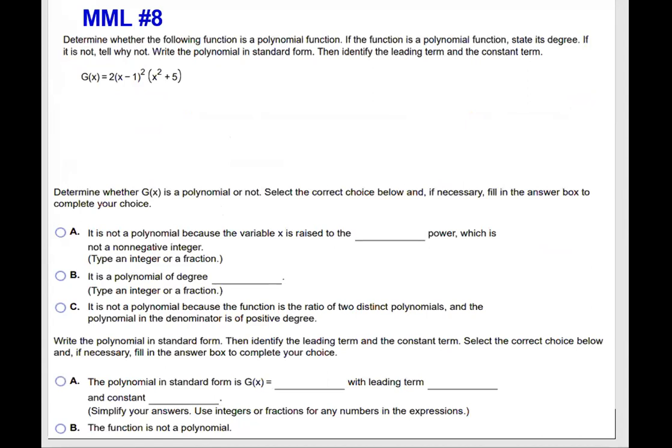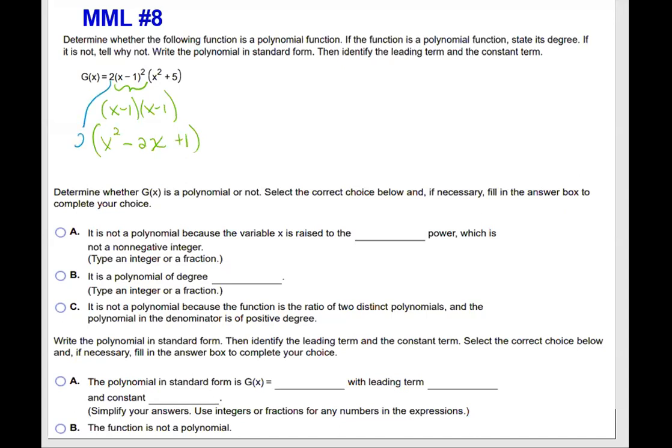Number 8. Okay. This one says determine whether the following function is a polynomial function, and they do want you to write this one out in standard form. So I'm going to go ahead and do the math. I left some space here. I would start with this (x minus 1) squared. That's an (x minus 1) times an (x minus 1). First times first is x squared. Outside is negative 1x, inside is negative 1x, that's a negative 2x. And last times last is a plus 1.